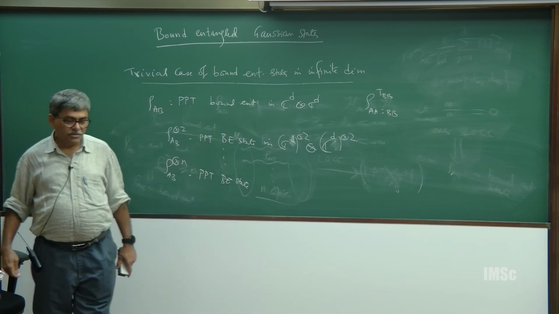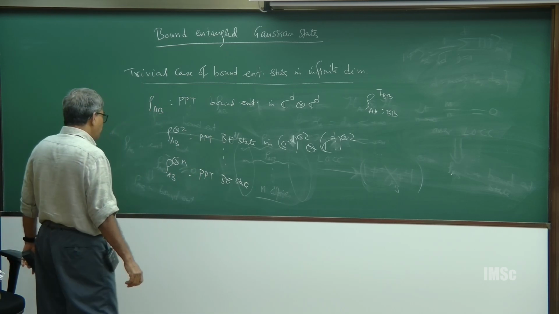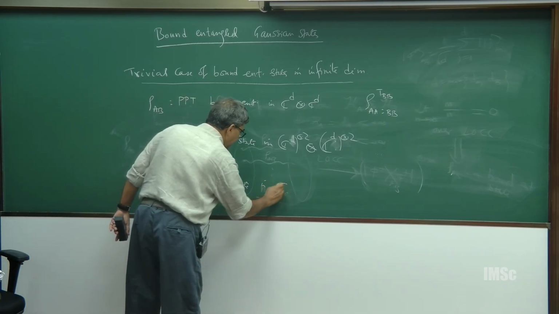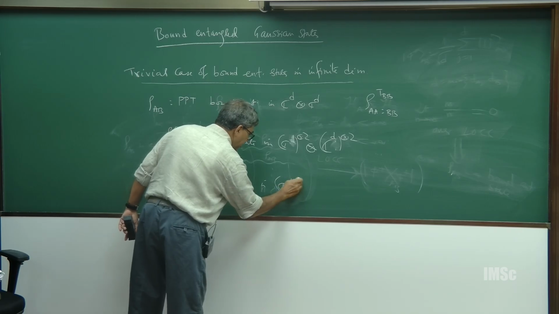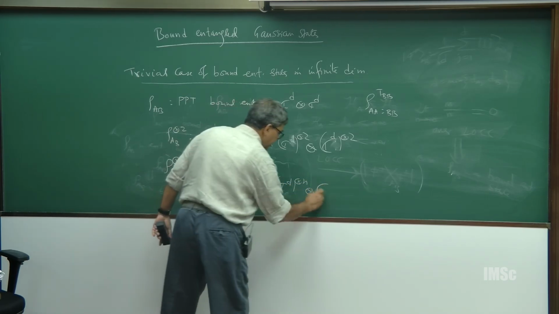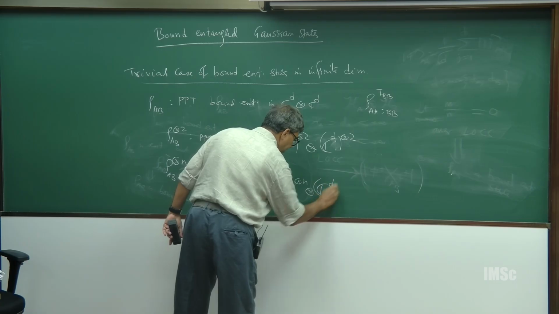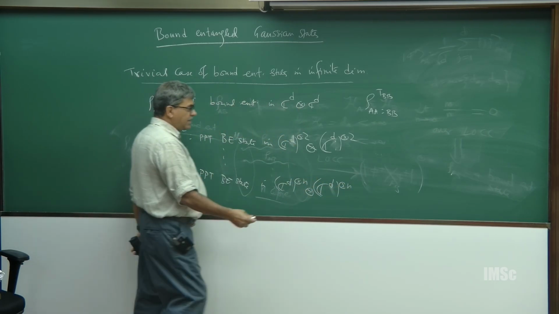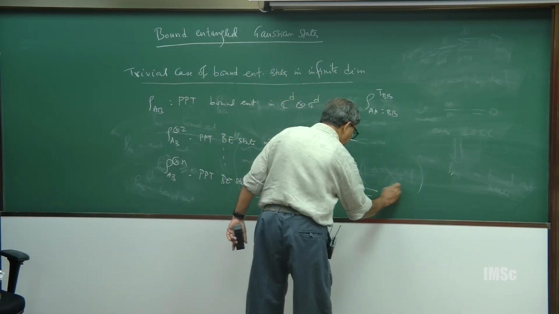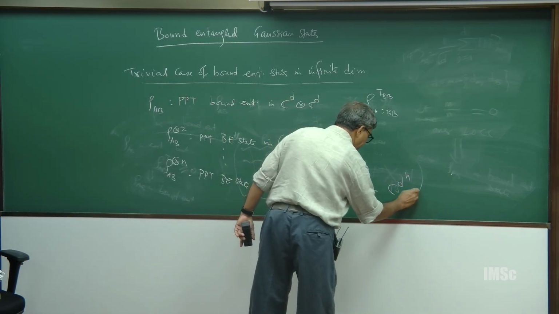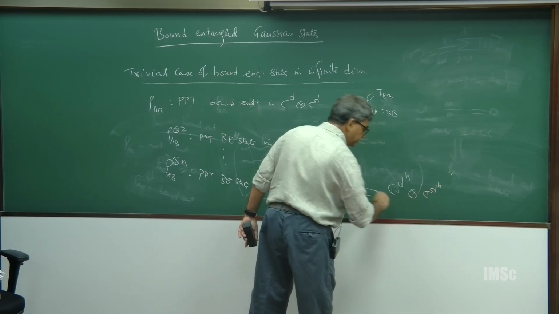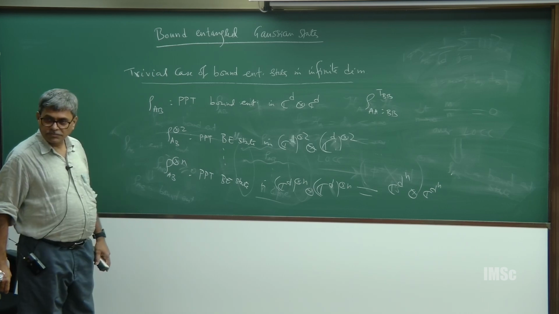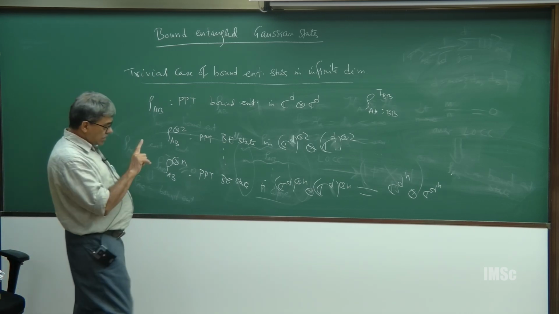So this is in C^d tensor n tensor product C^d tensor n, which is basically C^(d^n) tensor product C^(d^n), is it not?